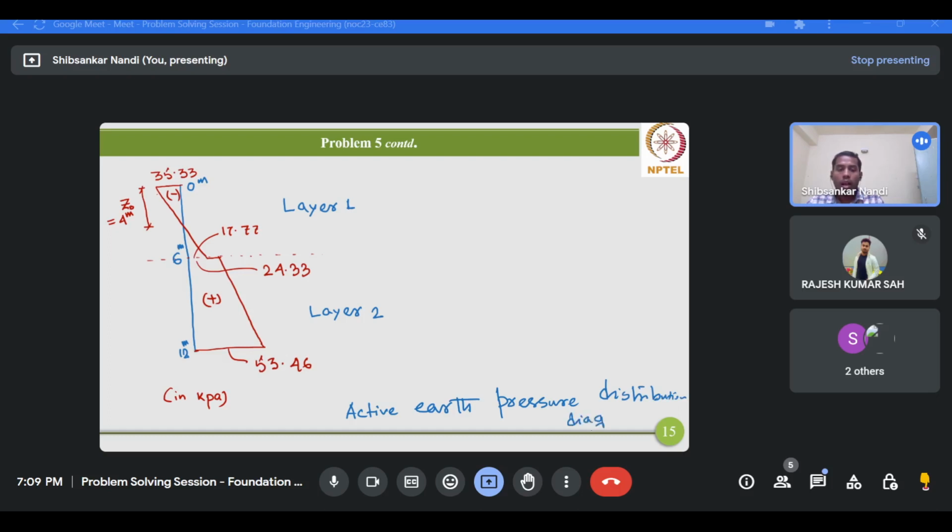Now we'll discuss the formation of tension crack. If the tension crack is not formed, or before the formation of tension crack, this will be the distribution.